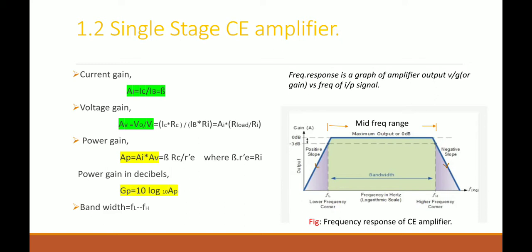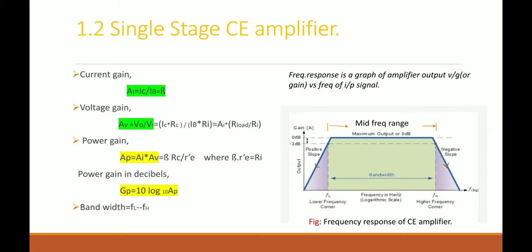So here we see the three regions. In the first region, say 0 to FL, a smaller frequency range, there is a decrease in gain due to the capacitive reactance of the first capacitor, the input coupling capacitor, and on the right hand side, at higher frequency, again there is a decrease of the gain due to the stray capacitances between the junctions.